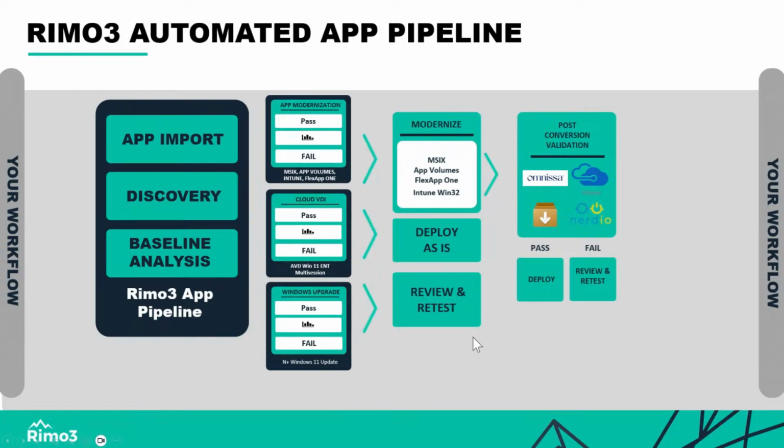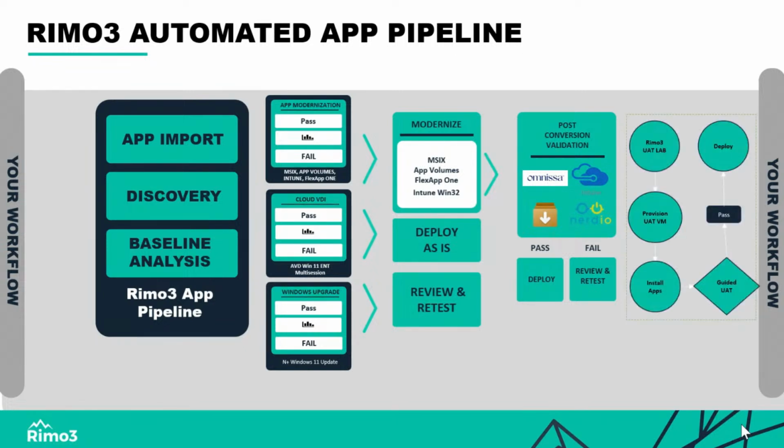Now, if we look at the third box, the Windows upgrade, this is what enables us to promote that continuous testing or continuous validation methodology, because your operating systems, your AVD environment, will change over time. Whether that's an internal update or a Microsoft update, Remo 3 provides the automation to perform the analysis again very quickly to make those informed decisions, and to promote that change enablement methodology, versus traditional change management methodologies.